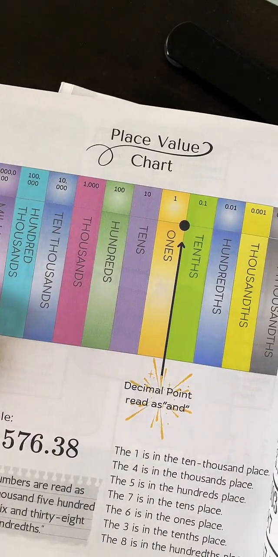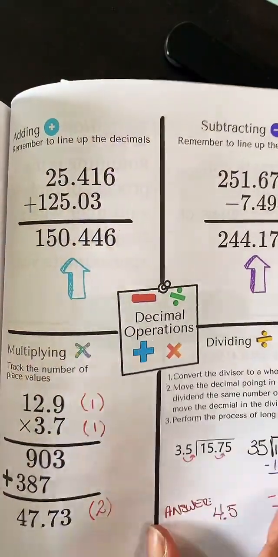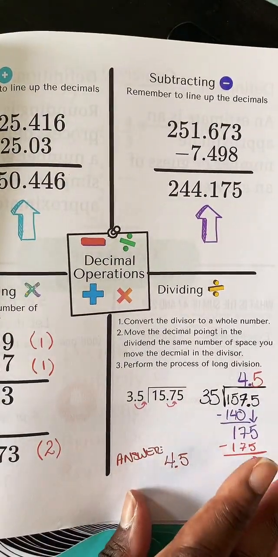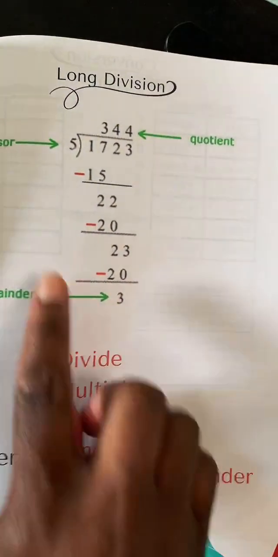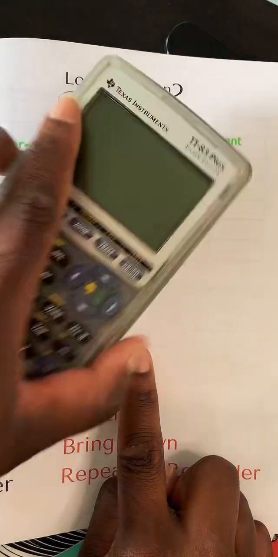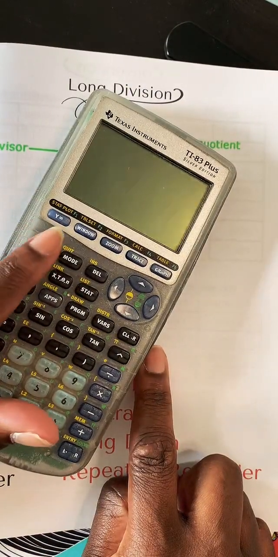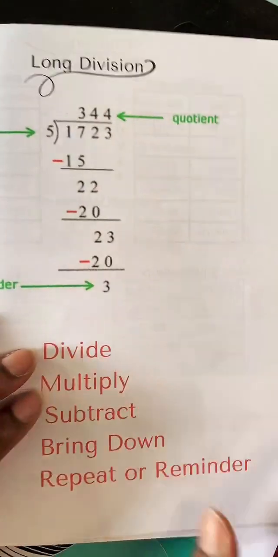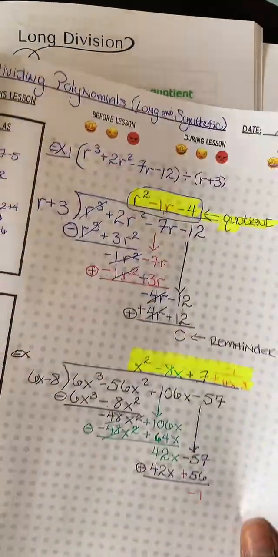And then we have place value, also decimal operations for addition, subtraction, multiplication, and division, as well as how to do long division. Because guys, a lot of teachers, once this got into the classroom, some people are not doing long division. But as you can tell, we just did an example. People think it's one and done. Nope. Just like hot pants, it comes back. Right?